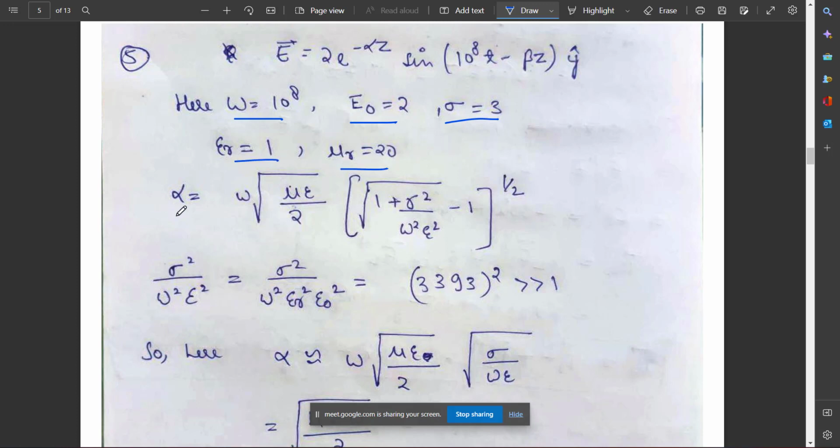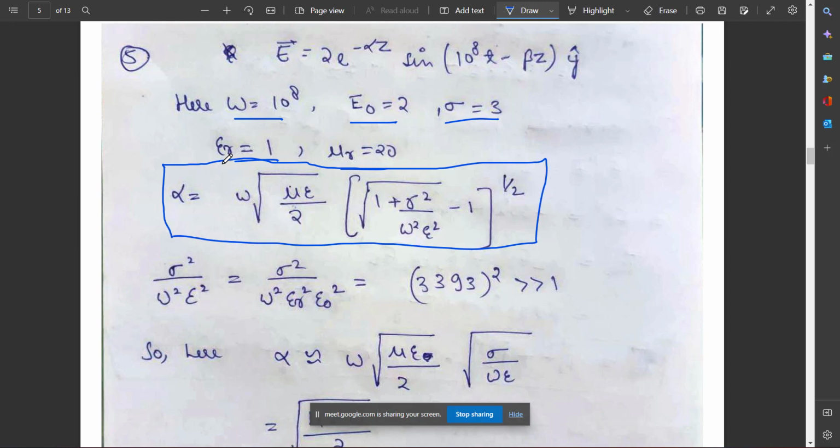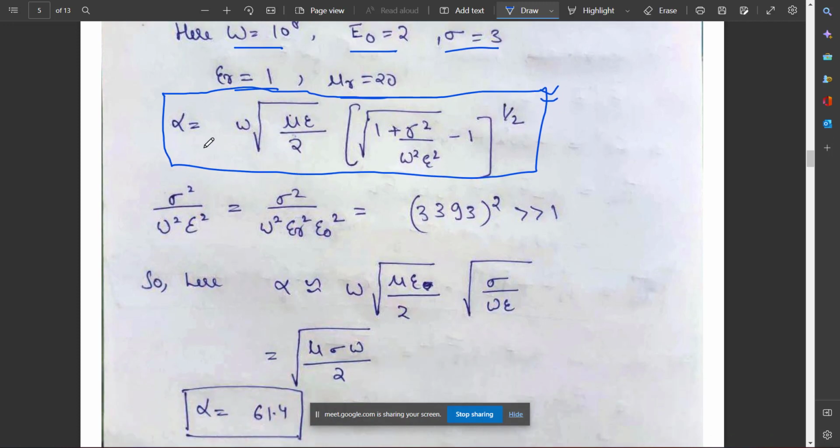Now we know that alpha is equal to, this is the formula. It would have been taught to you by your professor as well. If not, you can refer to the book that I have already shared with you. So alpha is equal to omega under root of mu epsilon by 2, in square brackets, under root of 1 plus sigma square upon omega square epsilon square, minus 1, to the power 1 by 2. This is the formula to solve for alpha.